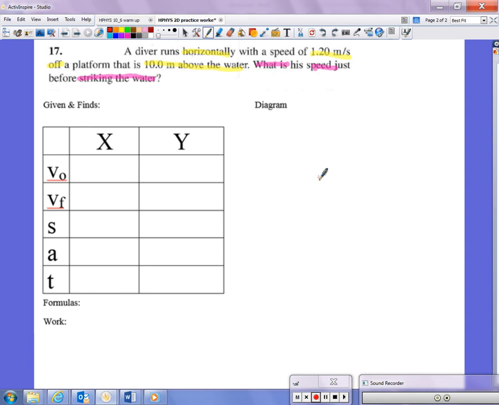All right, so let's start by diagramming the situation I have here. If I can get my pen back. There it is. All right, so I have an object. It's 10 meters above the surface of the water. I'm going to launch horizontally.